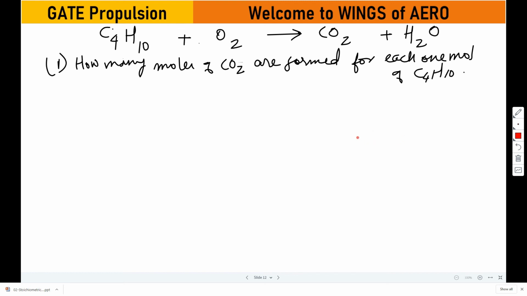The first and foremost thing you have to do in such kind of equation is to balance it. Now see here, carbon we have 4, so put 4 first and try to balance the equation. Then H, how many do we have? We have 10. So can I write here 5?